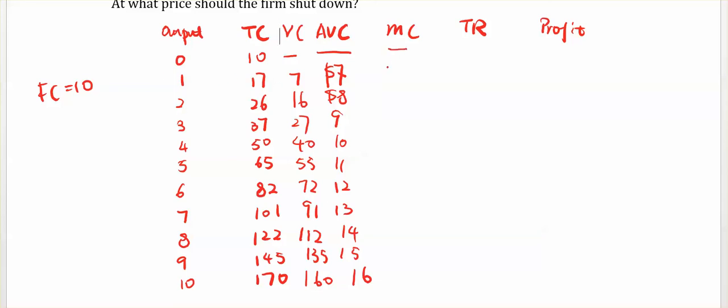So the marginal cost is 7, and we increase one more, the cost changes from 17 to 26. 26 minus 17, and we will get 9. 11. So we use the same method to calculate the rest of the marginal cost. 11, and 13, 15, 17, 19, 21, 23, 25.